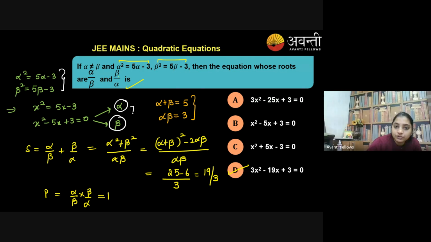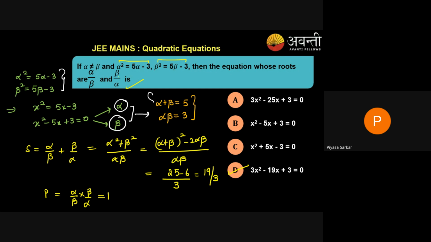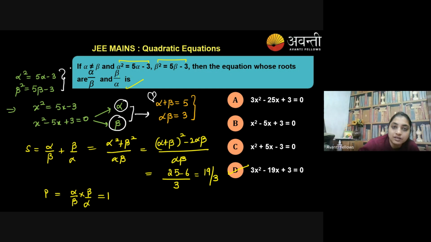Yes, ma'am. Using this equation, I can find the sum and product of roots. Ma'am, where do we get the x? I can't understand that, in place of alpha or in place of beta. See, when you just replace x with alpha, can you see? You will get x square is equals to 5x minus 3.